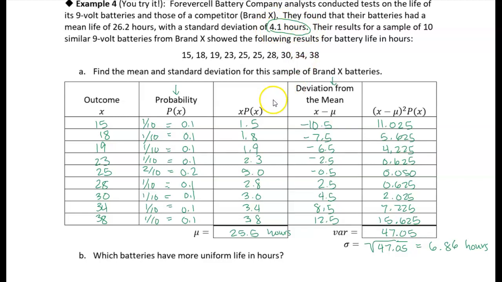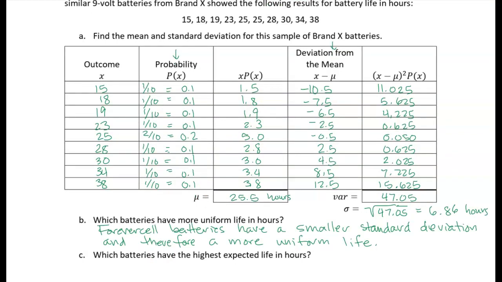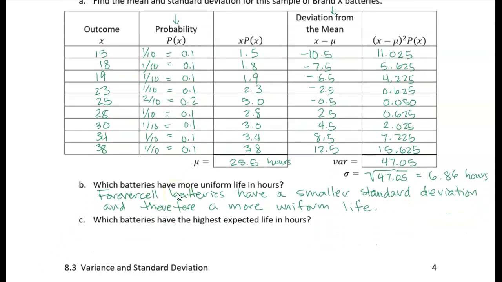Okay, 4.1 is less than 6.86. So because their standard deviation is smaller, the Forever Cell batteries have a more uniform life.